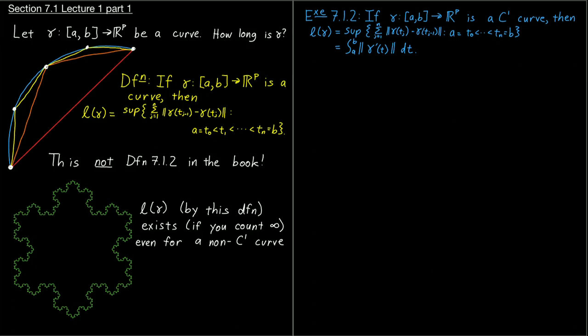It's this second integral down here that is how your book defines the length of gamma, but I like the definition with the supremum better. You're going to have to prove that these two definitions are equivalent, but I am going to write down a proposition from the book that you can use that will help you in doing exercise 7.1.2.